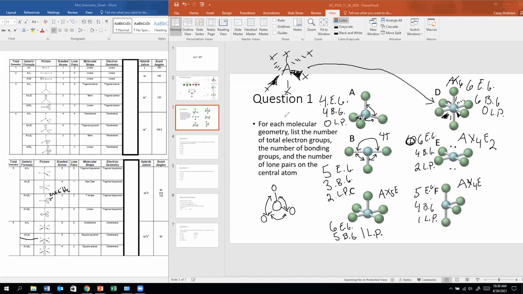Before I move on to question 2, any questions about figuring this out? The sheet's hard to read, which is the generic formula for all of them.